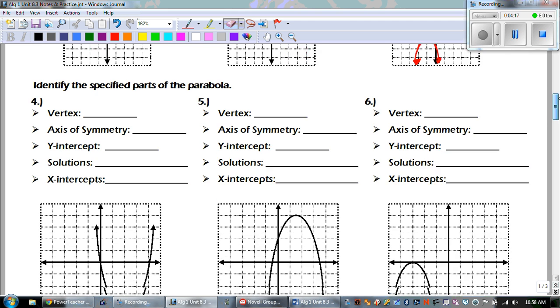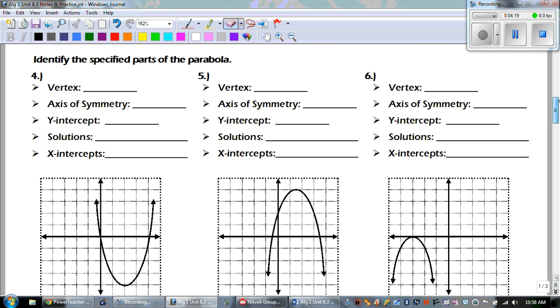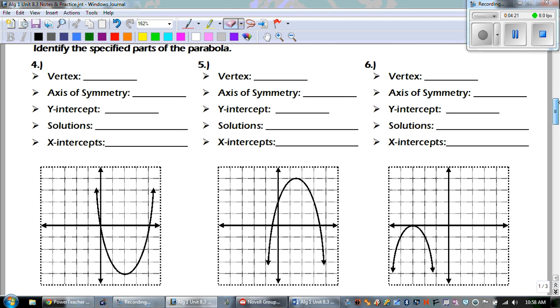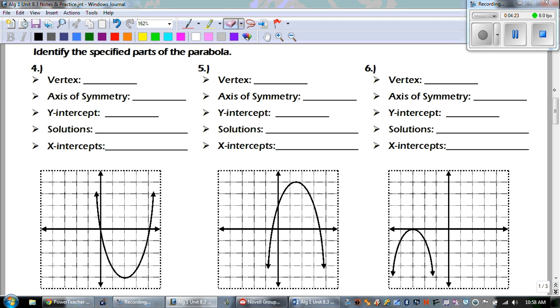All right. So what we have to do here is identify the specified parts of the parabola. So let's go ahead and do this. The first thing is the vertex. Remember, the vertex is either the highest or the lowest point. And in this case, it is the lowest.